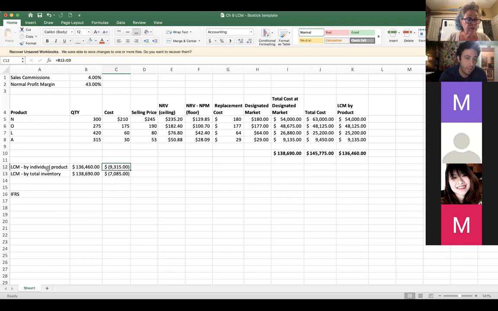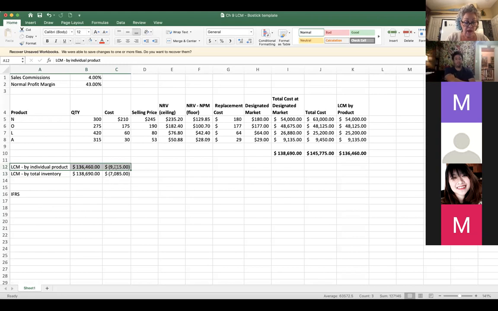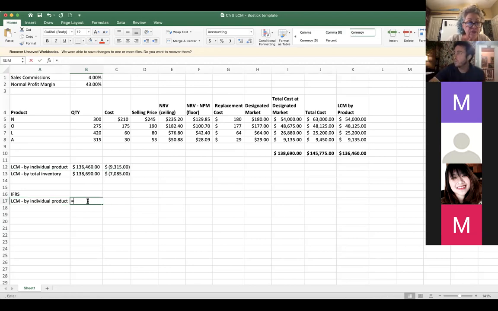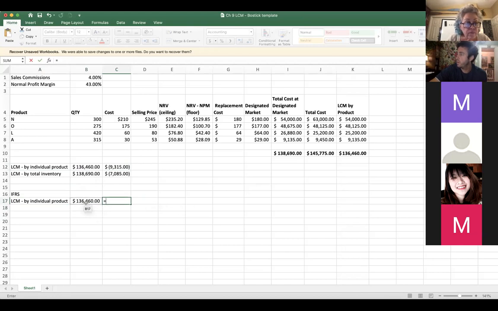So under IFRS, I wrote an if statement. Well, I could just say equal that minus cost and the 93.15.